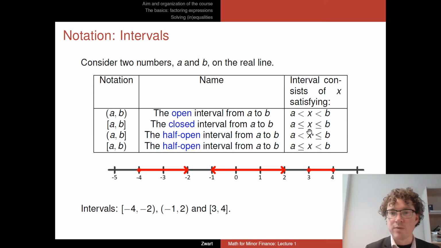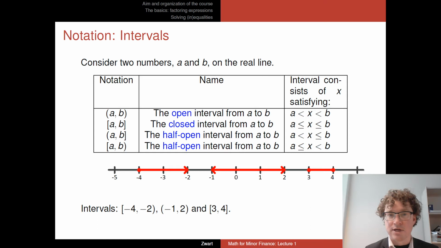So x is between 3 and 4 or equal to 3 or equal to 4. We denote that with these square brackets over here, so the square brackets interval 3, 4 will mean all the numbers between 3 and 4, themselves included.